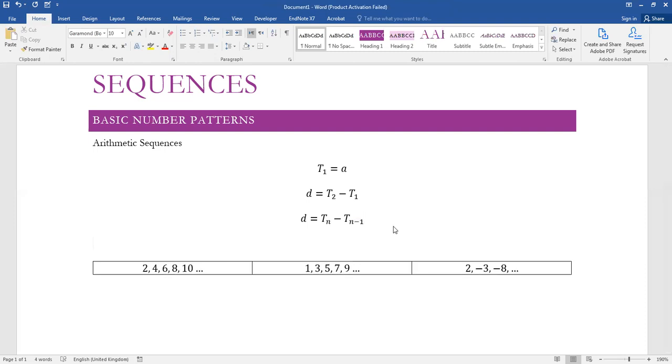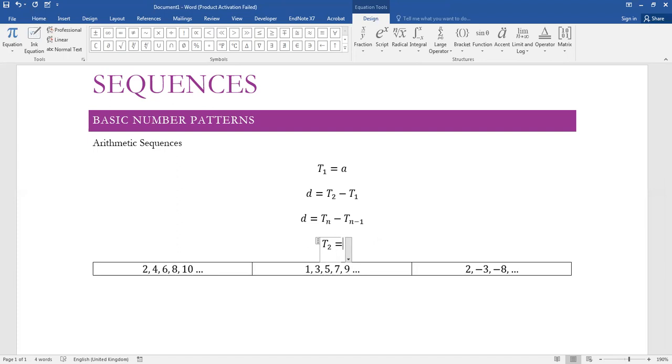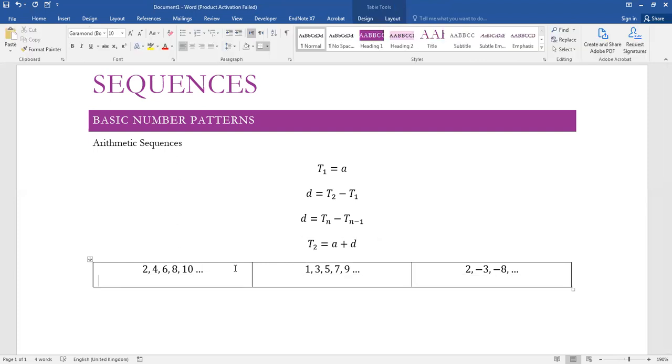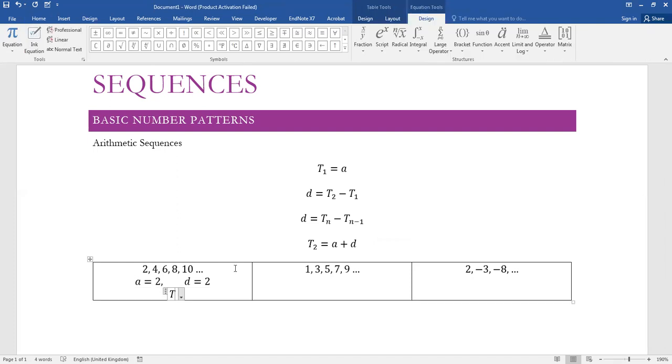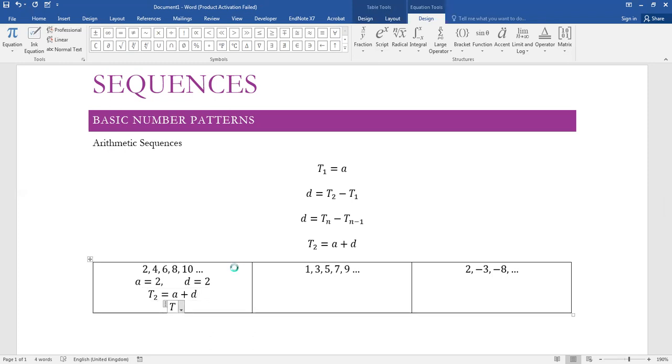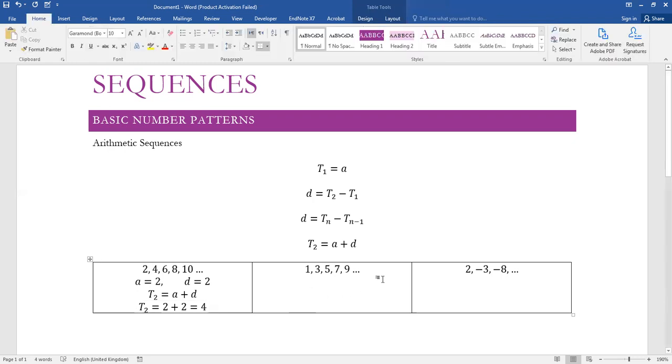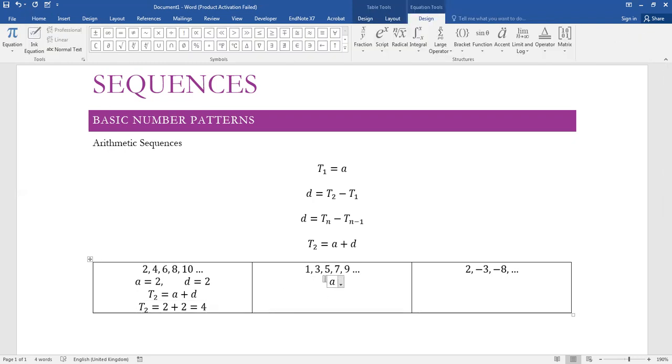Okay, once we have these two parameters, how do we find the second term? We take the first term and we add the common difference to it. Let's take the example of this. Here a, the first term, is 2 and the difference is also 2. So if I were to find the second term, I'll say that will be a plus d, which is 2 plus 2, and hence 4. Let's have a look at this one. Here a is 1 and d is 2.